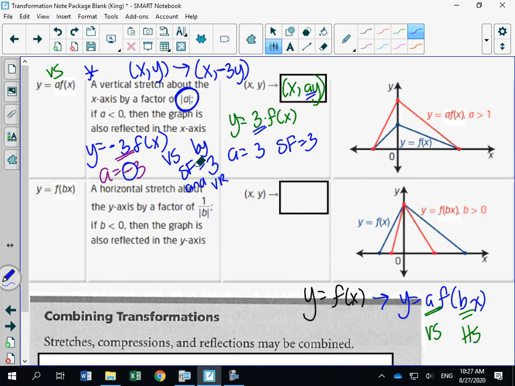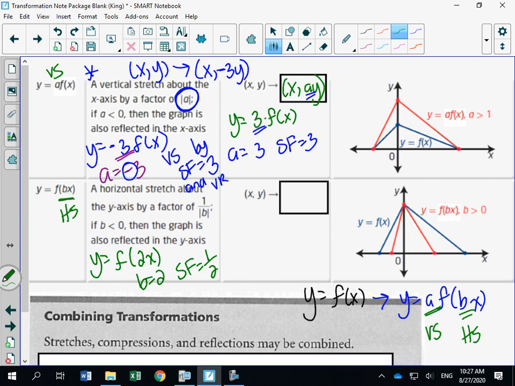Now, the b value is within the function. That's a horizontal stretch. If I gave you y is equal to f of 2x, the b value is equal to 2. The stretch factor is always the reciprocal, so 1 over 2.